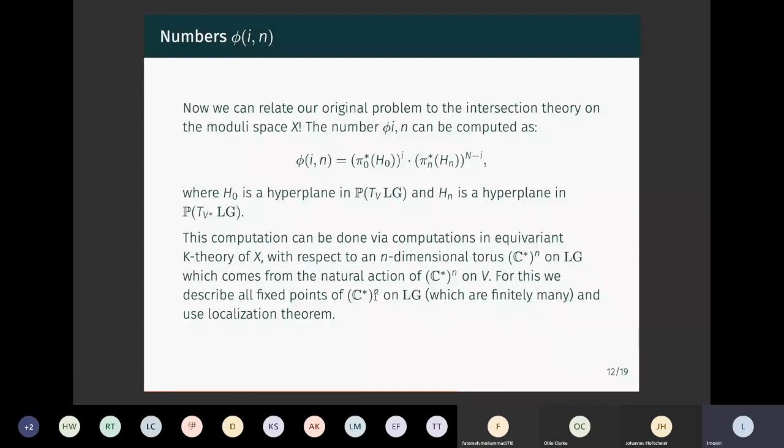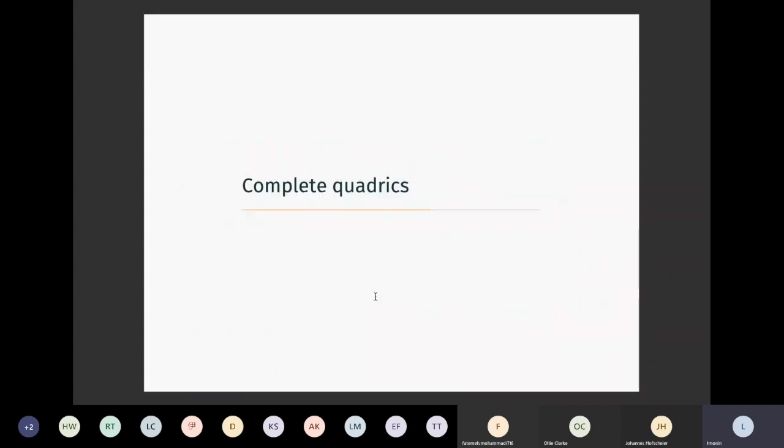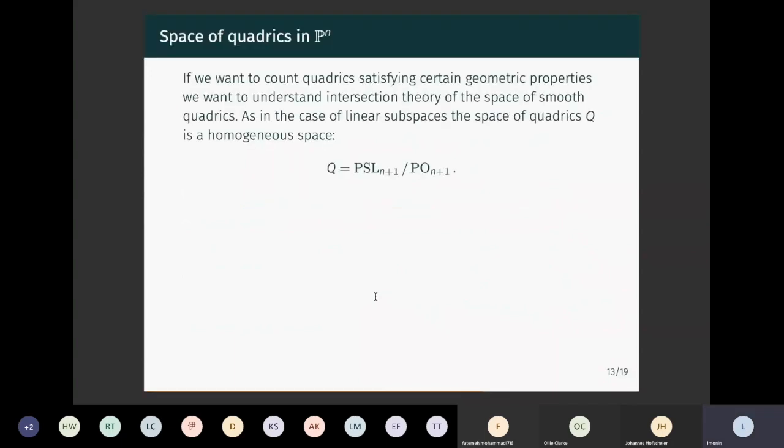Okay, if not, then let me move on and talk about complete quadrics. I'll start with something which may sound a little unrelated to the original question, but it will be related very soon. These classical enumerative problems go back to Schubert, I believe, and the kind of question Schubert wanted to study is the following.